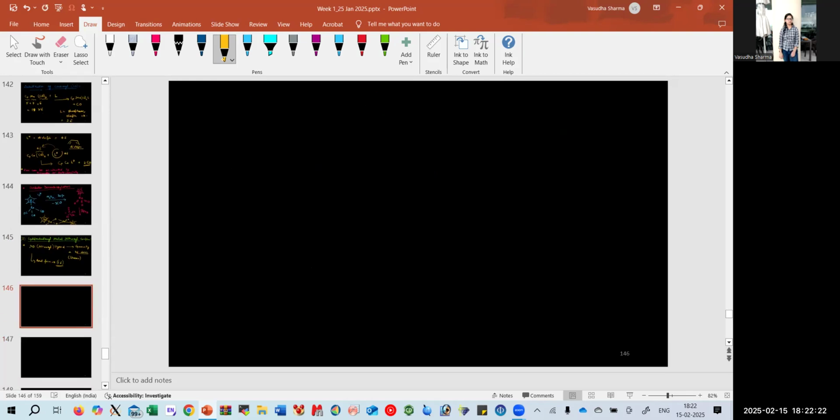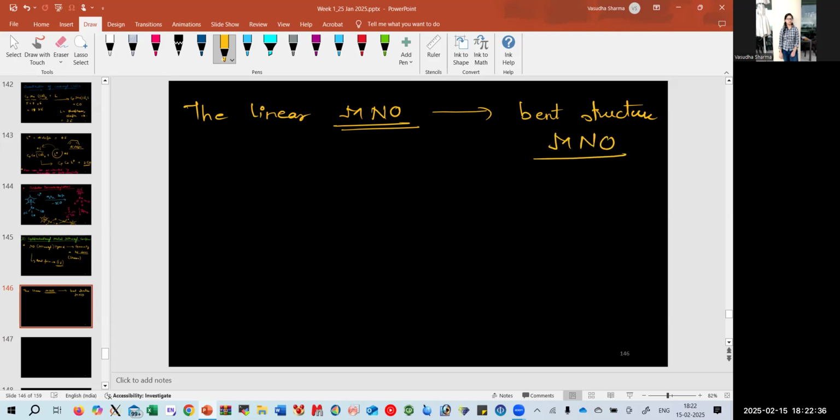Therefore, the conversion of linear metal nitrosyl group to bent structure, MNO, which is metal nitrosyl, what are the factors which trigger this particular conversion?